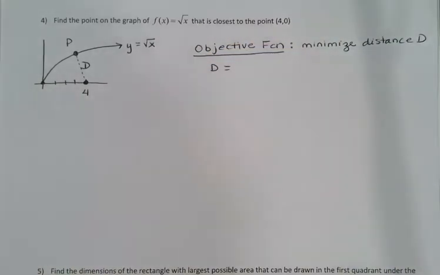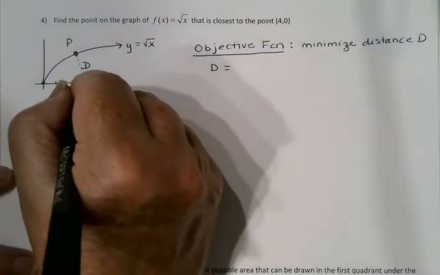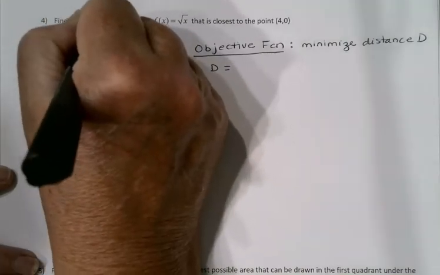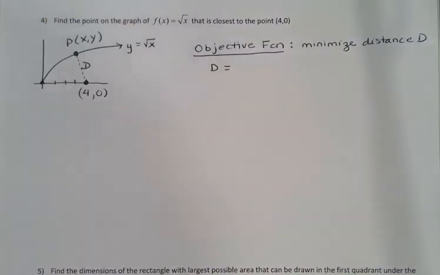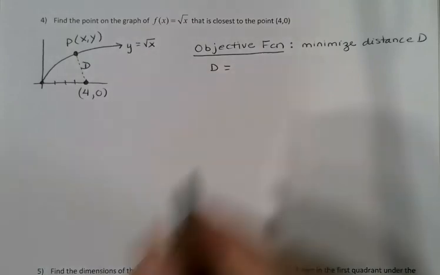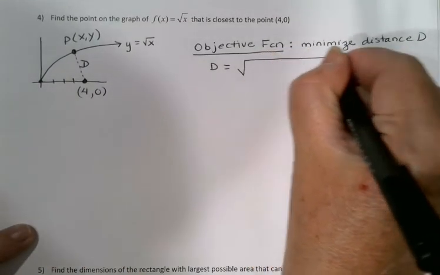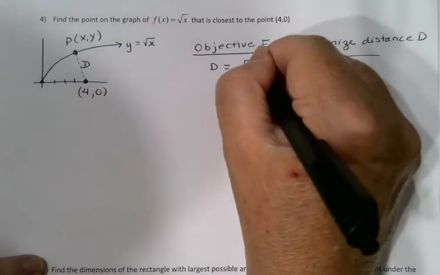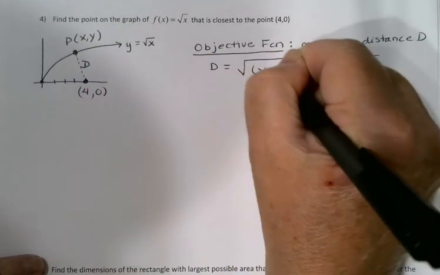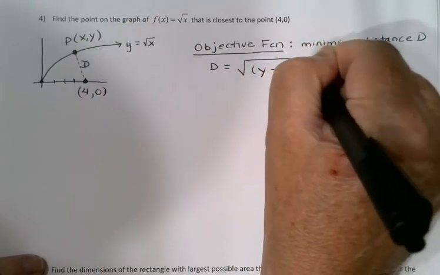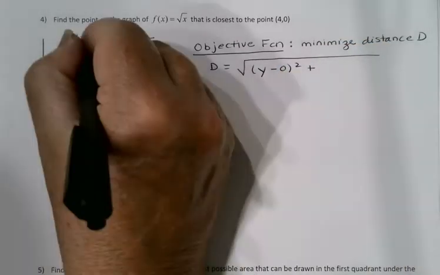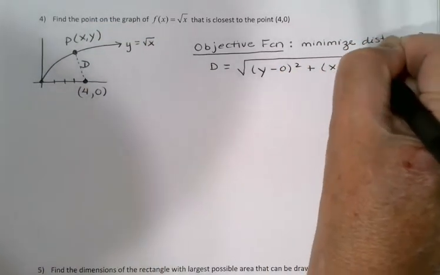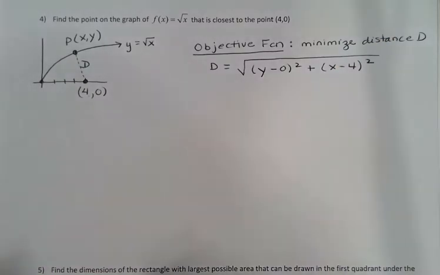And to write down a formula for D, I'll think of this point here as (4, 0), and this is just some point (x, y) on the graph. And I'll use my distance formula. Distance is the square root of y2 minus y1 squared plus x2 minus x1, so x minus 4 squared.